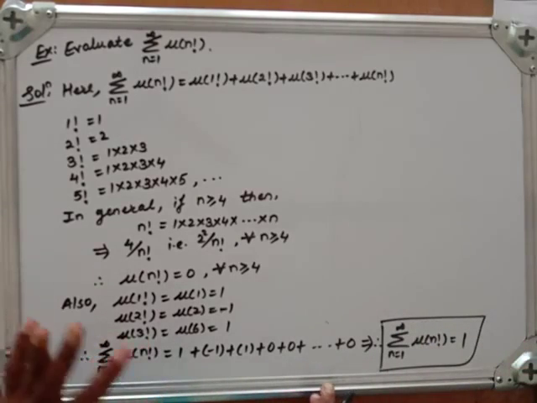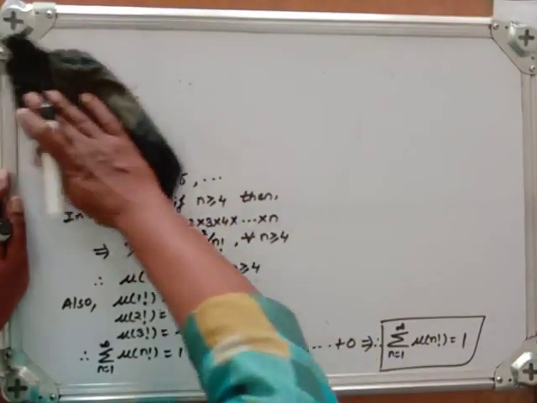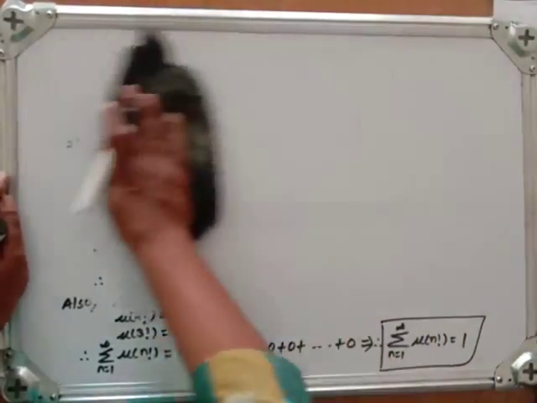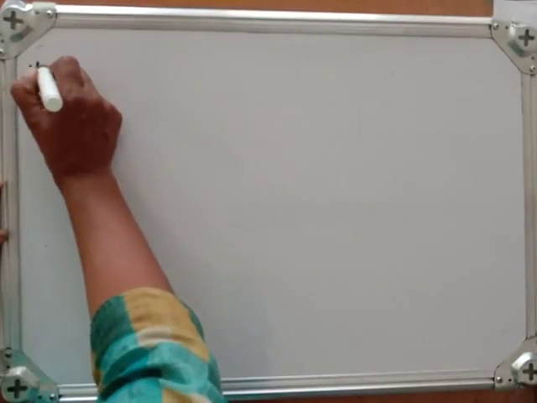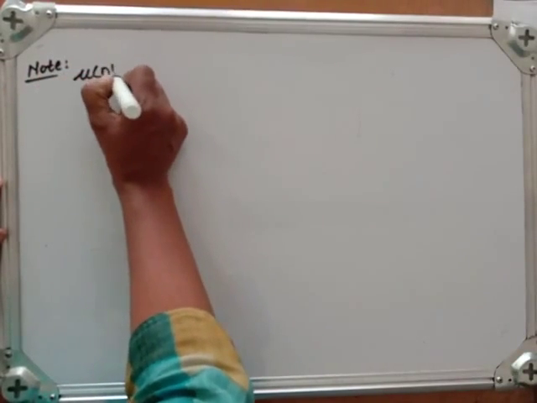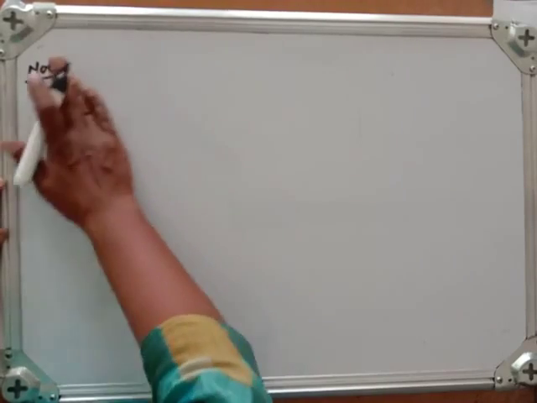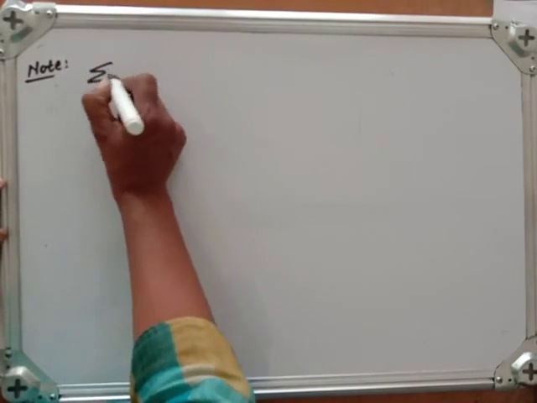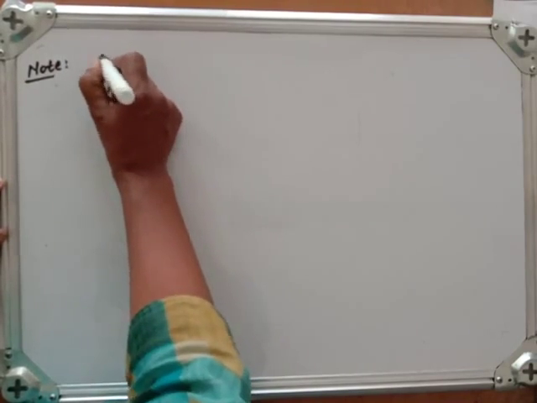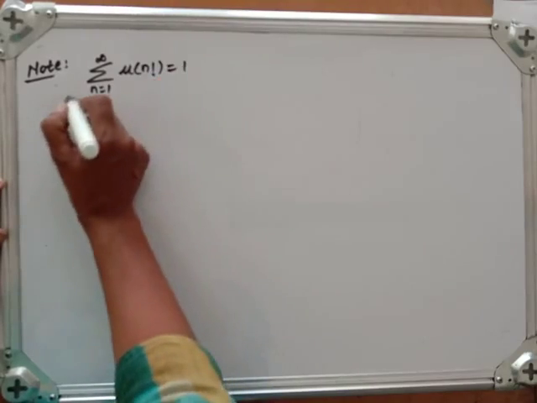Now, from this example, let's write one note. Summation n from 1 to infinity of mu of n factorial is equal to 1. This is the first one.